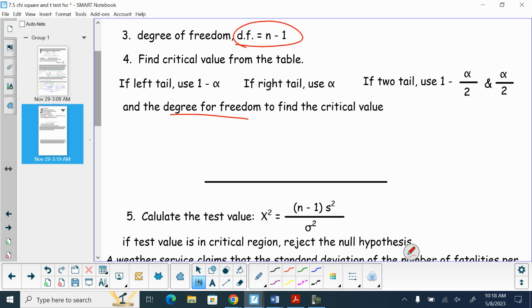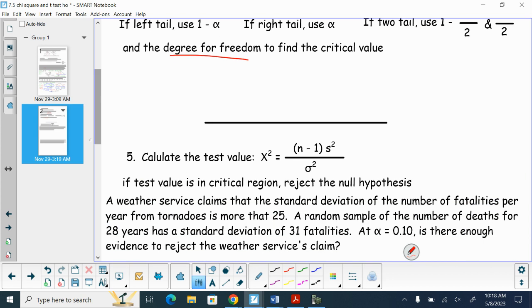Then you calculate your test value. If you want to write that down, that is fine. Your chi-square test, this is your test value. Take your degree of freedom times S squared divided by sigma squared. That's your variances: degree of freedom times sample variance divided by population variance. If you want to write that down on your chi-square table, that is fine.